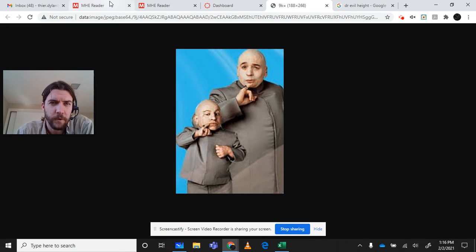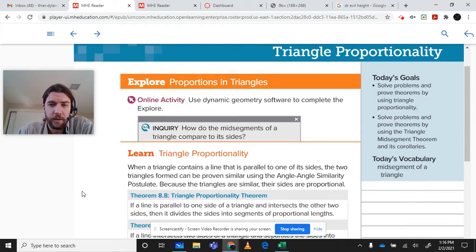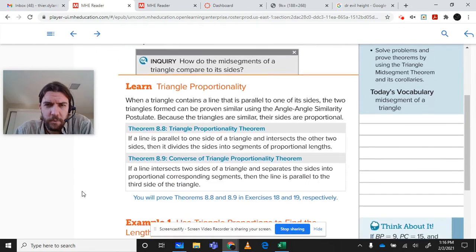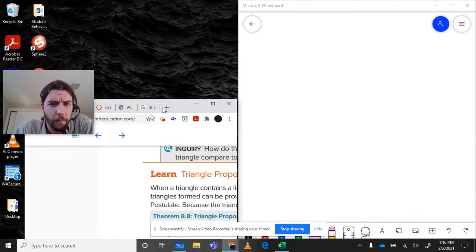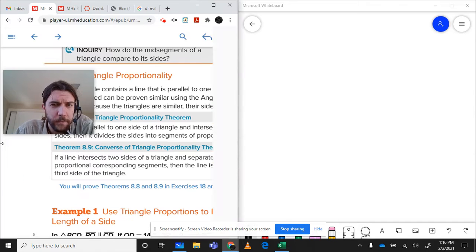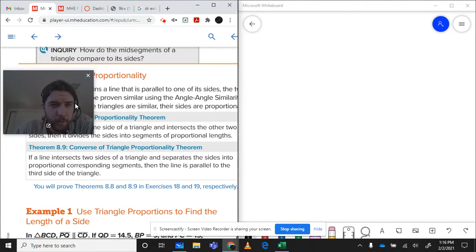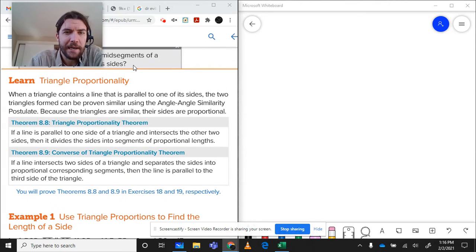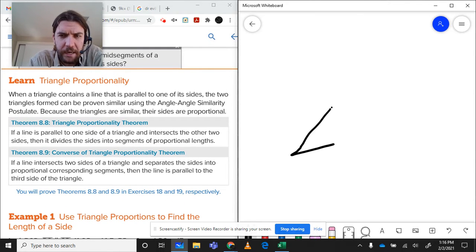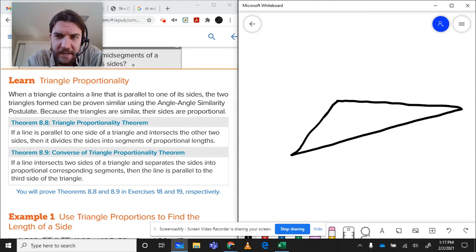Okay, so we're going to talk about that in the shape that we've been working on for a while, triangles. There's going to be a description here that I think seems a little bit wordy at first, but if we just draw a picture of it, we can make sense of what they're saying without our eyes glazing over too much. It says that when a triangle contains a line that is parallel to one of its sides, okay, that's what I just drew.